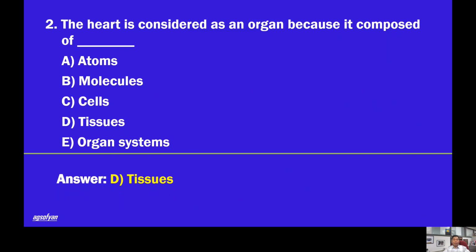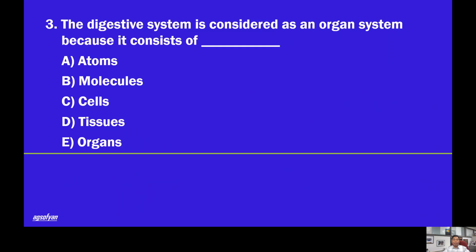Remember, organ is organization of tissue. Tissue is organization of cells. Cell is organization of molecules. Molecules are combinations of atoms. Okay, so the answer should be tissue, because tissues combine together, organize together to make an organ.